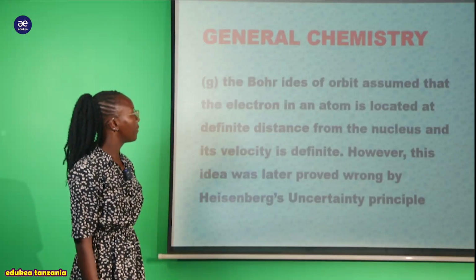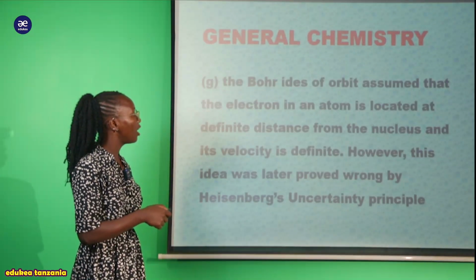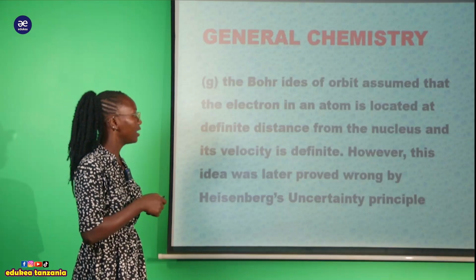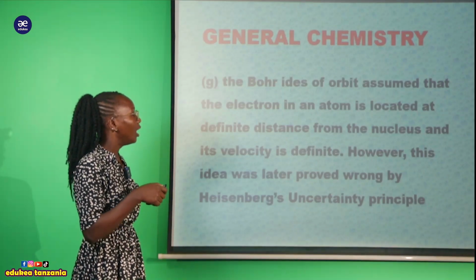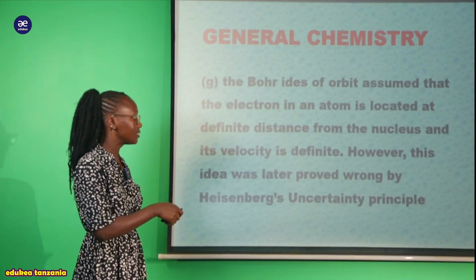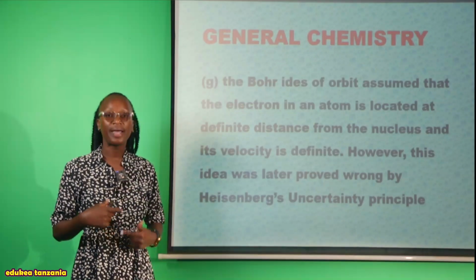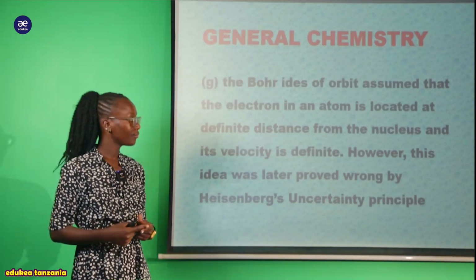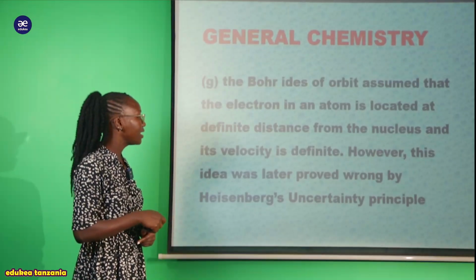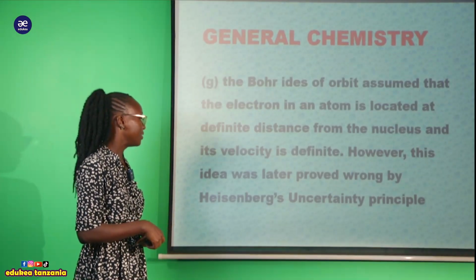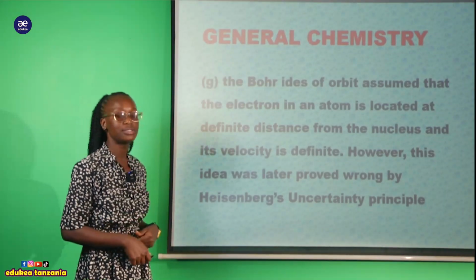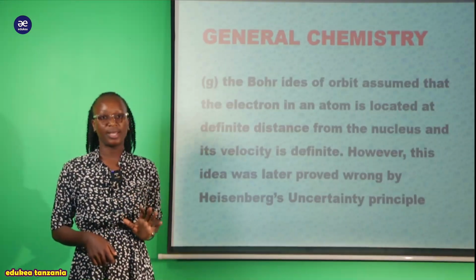Another shortcoming of Bohr is that Bohr's idea of the orbit assumed that the electron in an atom is located at a defined distance from the nucleus, and its velocity is defined. However, this idea was later proved wrong by Heisenberg's uncertainty principle. Kwa hiyo hakuwa sahihi.